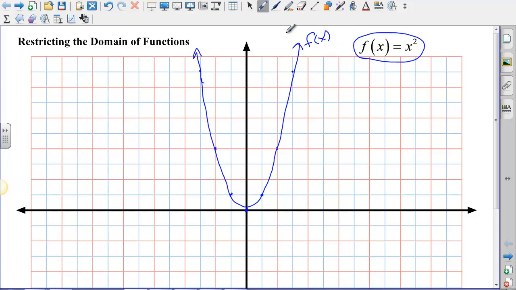Now, when I go to draw the inverse, I switch my x's and y's. So (0, 0) stays (0, 0), and (1, 1) stays (1, 1). But (2, 4) now becomes (4, 2), and (3, 9) now becomes (9, 3).